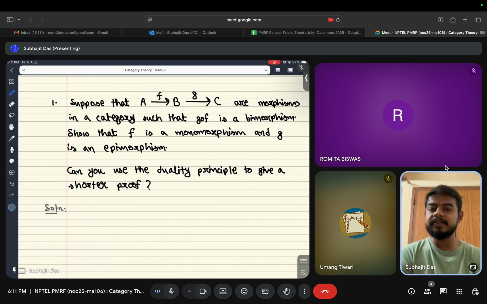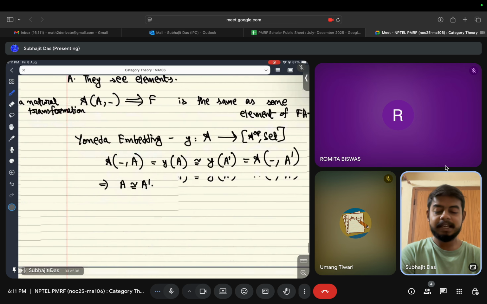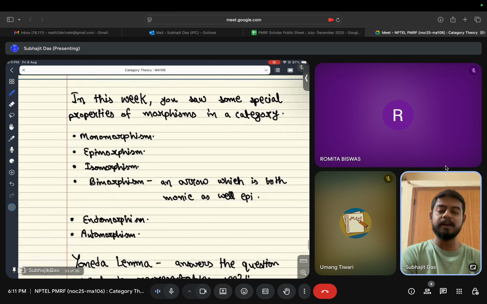So we start with this very simple first problem, which says that suppose you have a string of two morphisms which are composable in a category, such that the composite G composed F happens to be a bimorphism. That is, G composed F is an arrow which is both a monomorphism as well as an epimorphism.